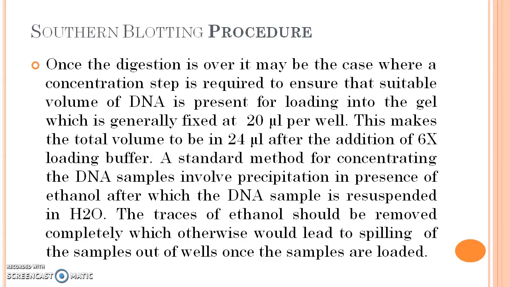A standard method for concentrating the DNA samples involves precipitation in presence of ethanol, after which the DNA sample is resuspended in water. The traces of ethanol should be removed completely, which otherwise would lead to spilling of the samples out of the well once the samples are loaded.